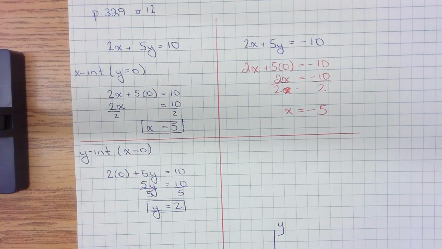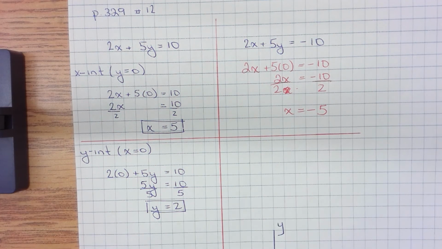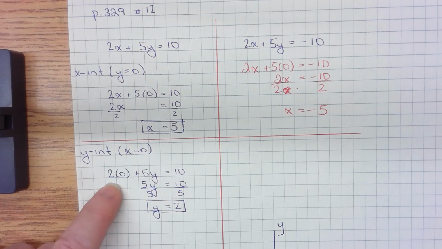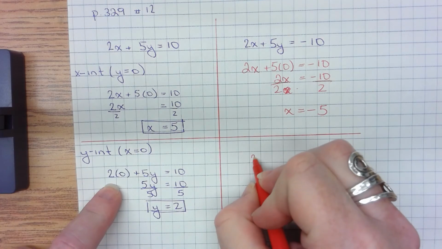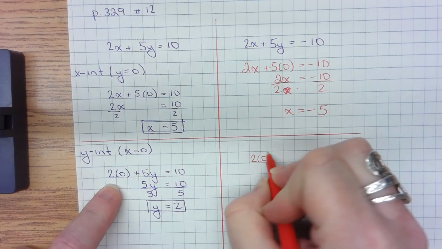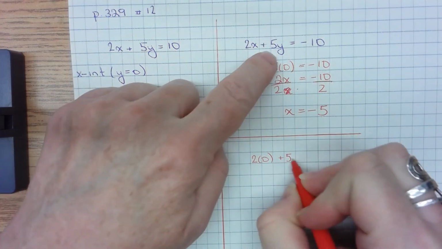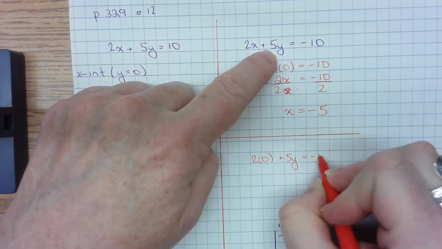That's my x-intercept, so I'm going to come over here, and I know that on this side, it goes in the negative direction. So I'm going to put my dot here at negative 5. Now, I can do the same thing with the y-intercept. So I've got 2 times 0 plus 5 times y equals negative 10.